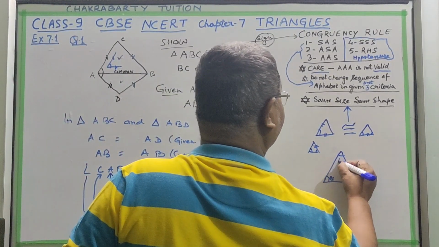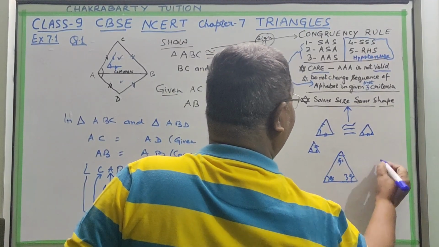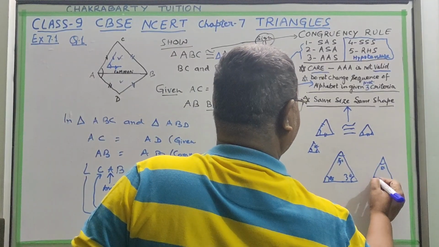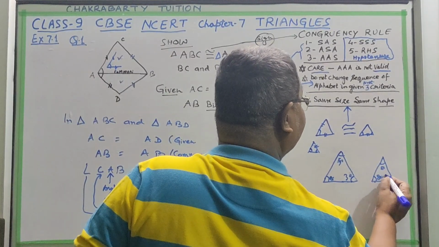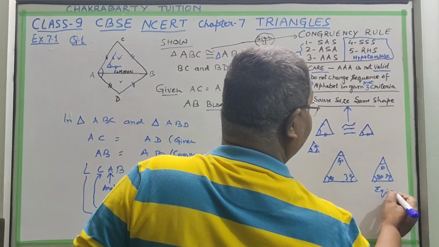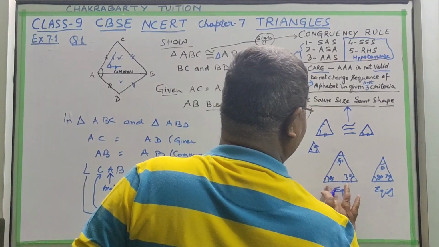So here it is 40, 50 and 30. In the other triangle also it will be 50, 80 and 30.